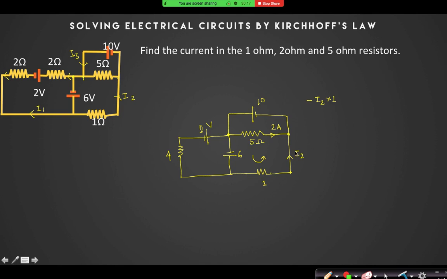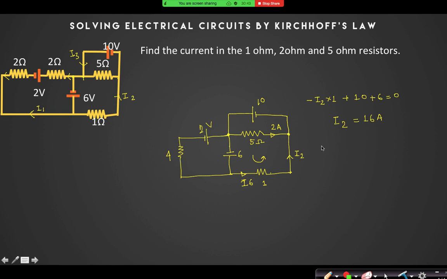Then from here to here it is plus 10, right? Because I am going opposite to the current. And then from here to here it is plus 6 equal to 0. So I can directly find that I2 is equal to 16 ampere. Right? Easy to find, I2 is 16 ampere. So this current is 16 ampere.